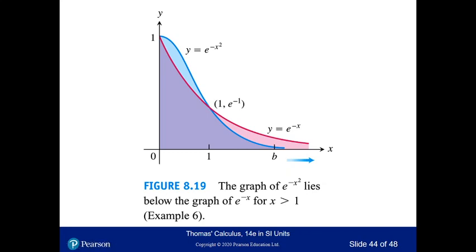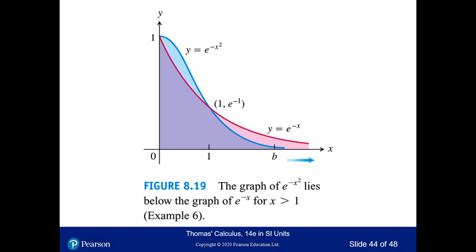So since e to the negative x is bigger than e to the negative x squared after 1, this would mean, and before 1 these are finite already, you don't have to worry, but the problem is after 1, because as x approaches infinity, we have an infinite region here, and we don't know whether it's a finite value or not. But e to the negative x is bigger than the function e to the negative x squared. By the direct comparison theorem, since the integral from 1 to infinity of e to the negative x is convergent, the integral from 1 to infinity of e to the negative x squared is also convergent.